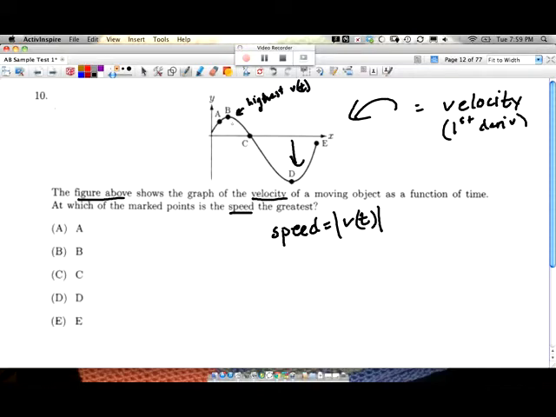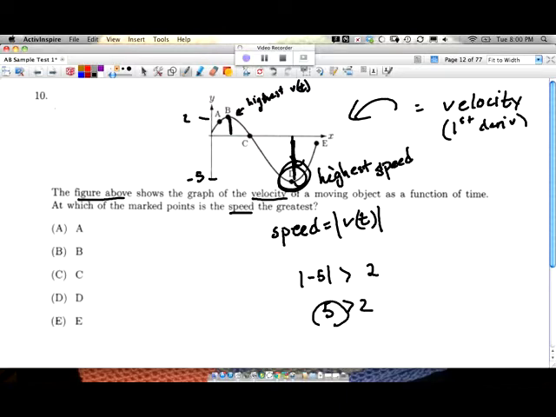But down here, this d is definitely further away than this b, which would make d the highest speed. Because even though it's the lowest number numerically, let's say this was 2, then this would be relatively down here like -5. Well, the absolute value of -5 is definitely greater than 2, because 5 is greater than 2. So d is the greatest speed.